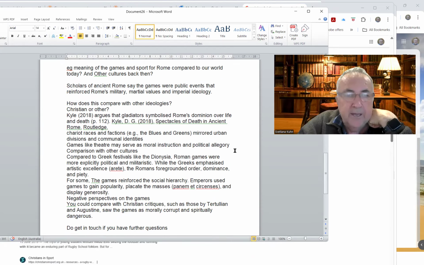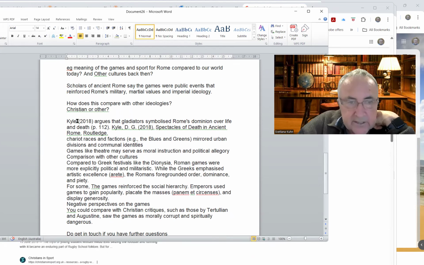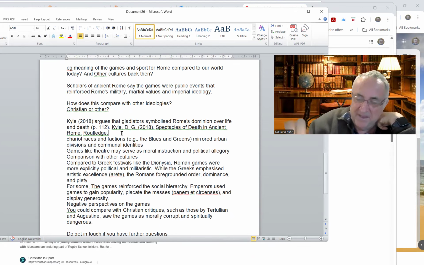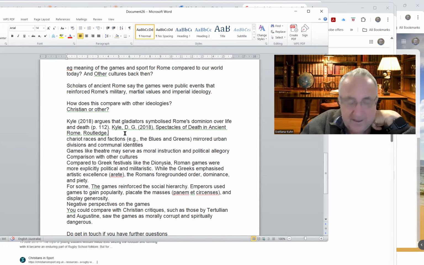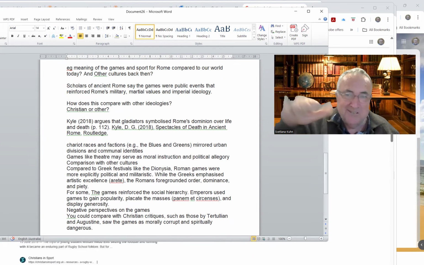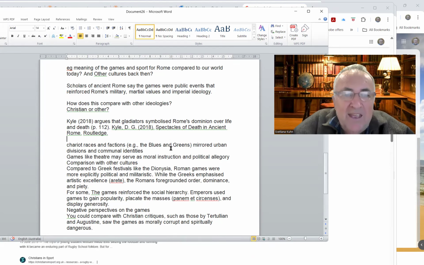We might compare, back in Roman times, the gladiators, says Kyle in his book on the spectacles of death in ancient Rome, when the emperor could hold his hand up or not. There are whole questions about that you could explore.